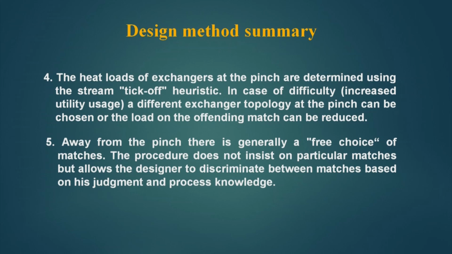The procedure does not insist on particular matches, but allows the designer to discriminate between matches based on his judgment and process knowledge. Here we have to see that in no case should we violate the delta T minimum, but the Cp criteria can be diluted to some extent. Thank you.